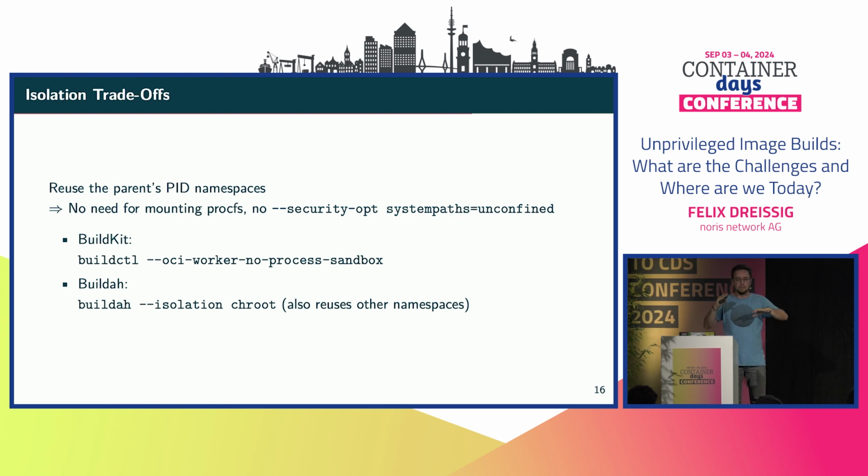So depending on your environment and what you can put there in terms of configuration, that might be a trade-off you're willing to take. Be aware that the builder option doesn't just disable PID namespaces, but also cgroups, networks, and IPC namespaces, which is something to keep in mind as well. But it might be a trade-off you're willing to take.